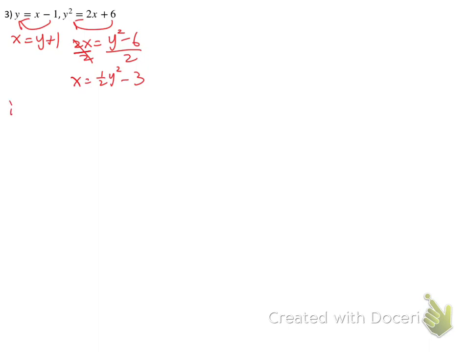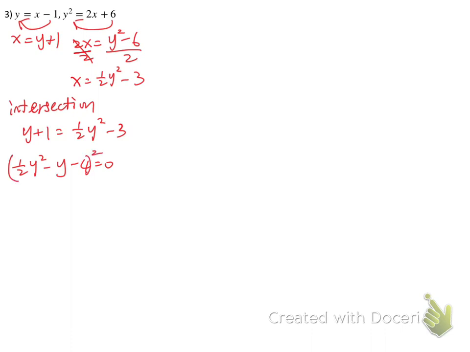Then the intersection will be where they equal each other. So this will be 1/2 y squared minus y minus 4 equals 0, or I multiply everything by 2. I have y squared minus 2y minus 8 equals 0.